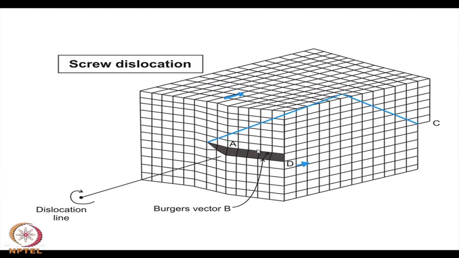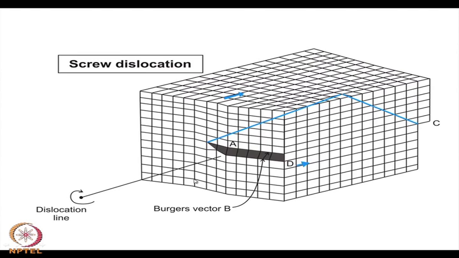So, you are applying not a uniform stress across this plane, but a more intense stress on the front portion of the crystal, whereas there is no stress on the back portion. So, you are trying to distinguish between two regions: the stressed region here, and the back side, which is still not stressed.